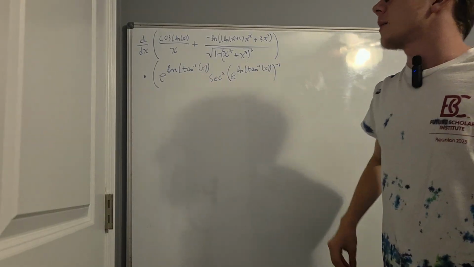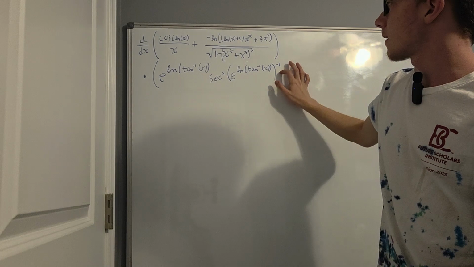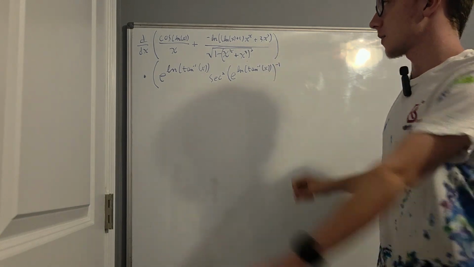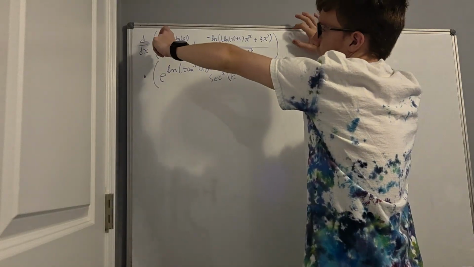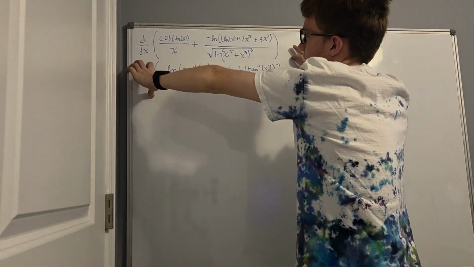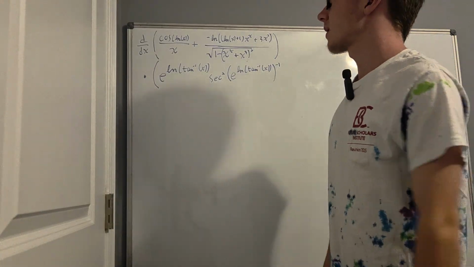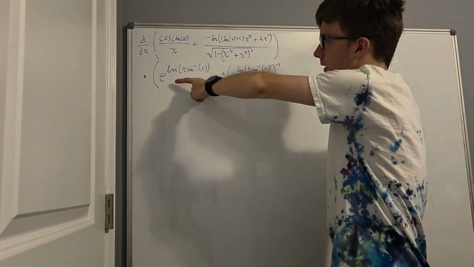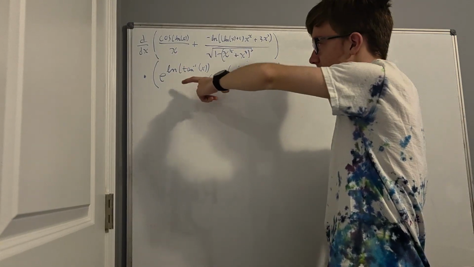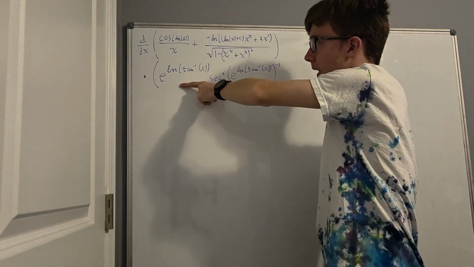Now, what I would end up doing is I would look at this as a quotient rule, because if you notice, that's going to be a reciprocal. So it's going to be this function divided by this function, and the derivative of that. So it's going to be the derivative of this times this minus the derivative of this times this, all over this squared.